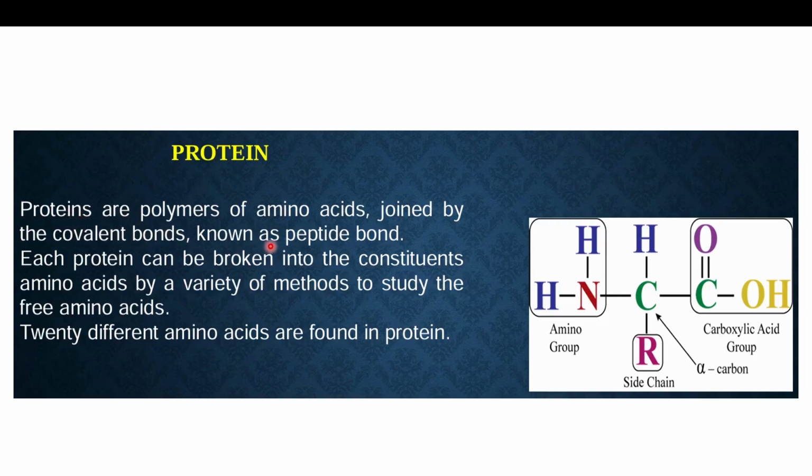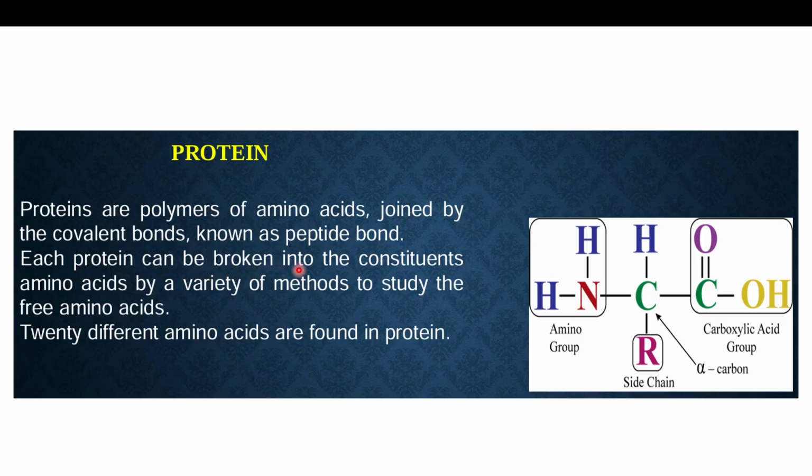Okay, so these amino acids are joined by covalent bonds, which is known as peptide bond. Eventually happens between like NH2 group of one amino acid and COH group of the next amino acid, and eventually thereby dehydration takes place wherein one water molecule is lost, thereby forming this peptide bond.